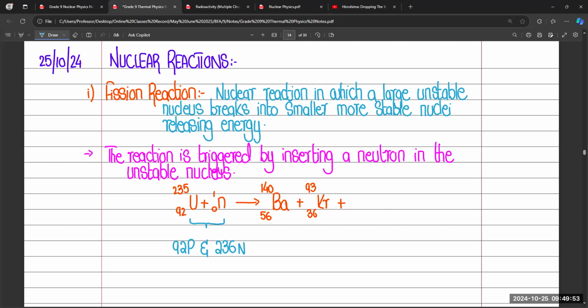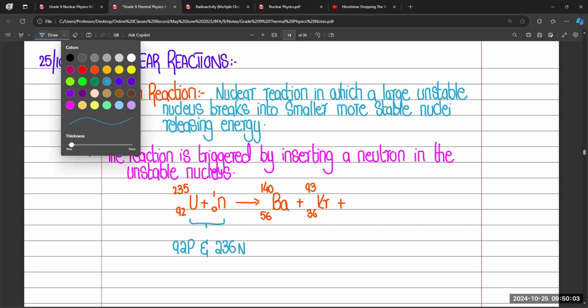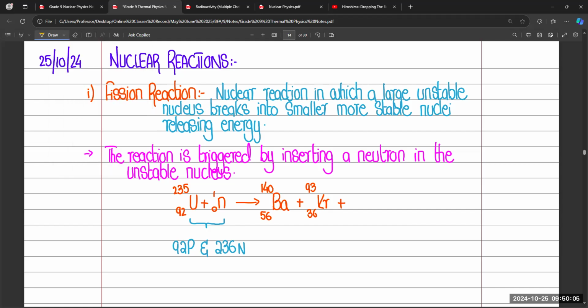So initially we have 92 protons and 236 nucleons on the top. We just need to check on the right hand side whether these numbers are balanced, by adding up the numbers of these two elements.